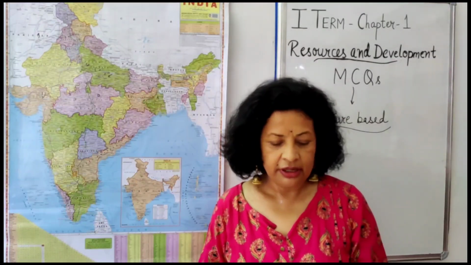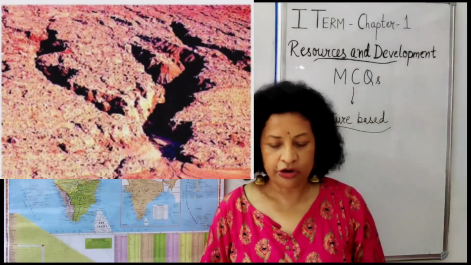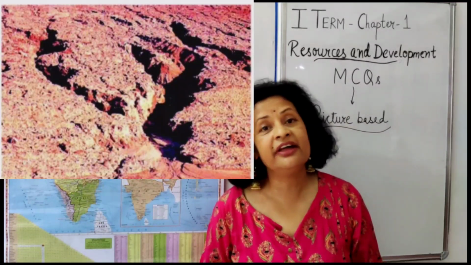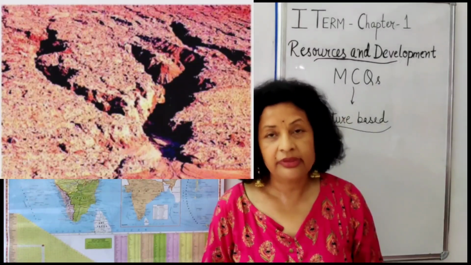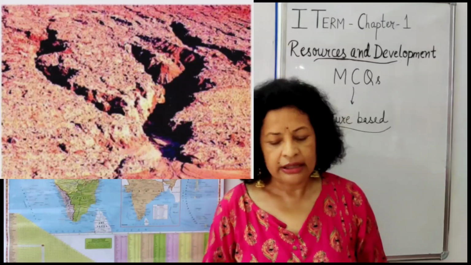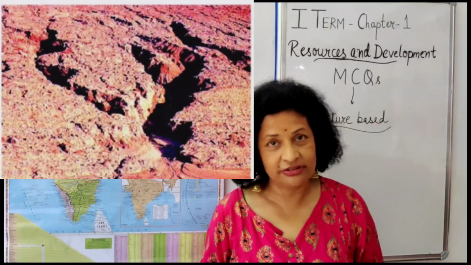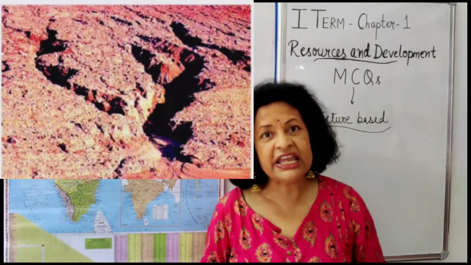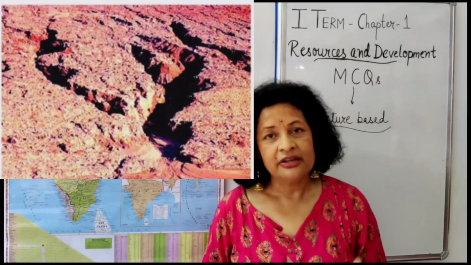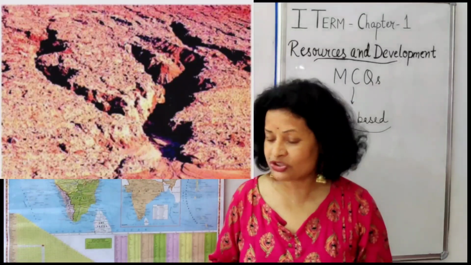Next question, next figure. Which type of soil erosion is shown in the given picture? Is it sheet erosion, gully erosion, or glacial erosion? You can see the deep channels. This is a figure of gully erosion.